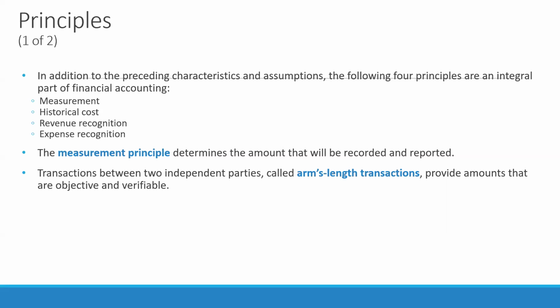Arm's length transactions provide amounts that are objective and verifiable. This gets more into financial assets.